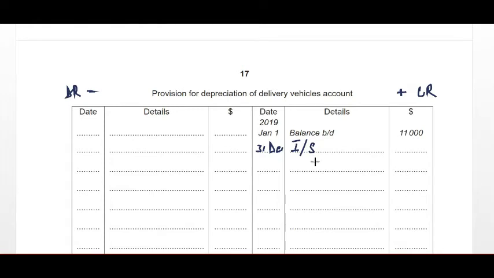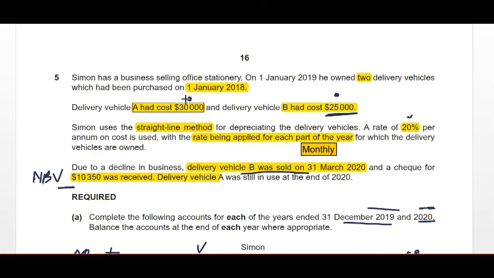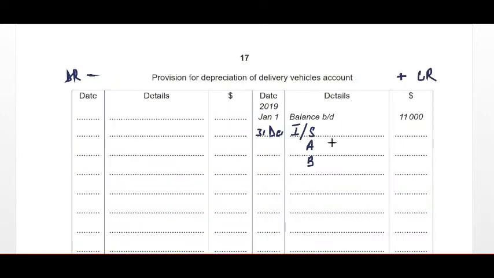So income statement value, we can put this in two parts. We had motor vehicle A and motor vehicle B. The cost for motor vehicle A was 30,000. So 20% of 30,000, we know that 30,000 multiplied by 0.2 will give us 6,000.